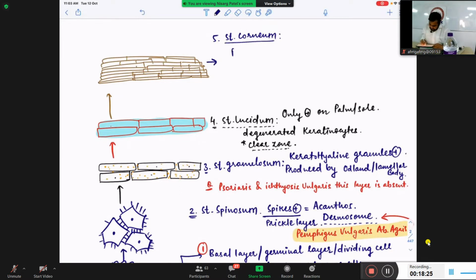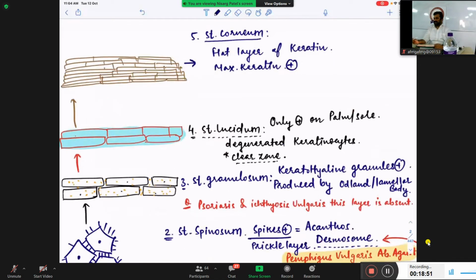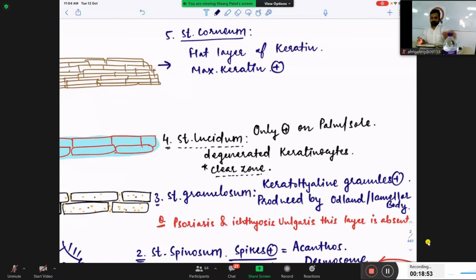As you can see, this layer is a flat layer of keratin. This layer has the maximum keratin present. In this layer, you will see maximum keratin.